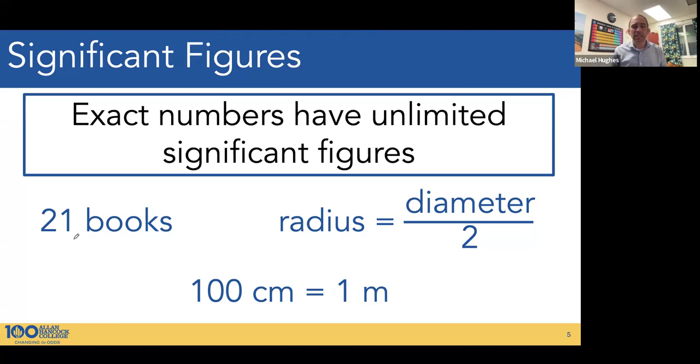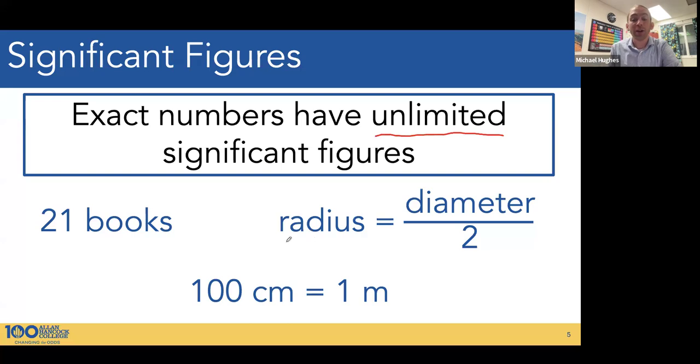This is an exact number without some number of significance to it based on the instrument that measured it, our eyes, our brain. We would say this has infinite significant figures, and this will come into play later when we're deciding which has more significant figures or less. When something is an exact number, we'll say that it has unlimited significant figures.